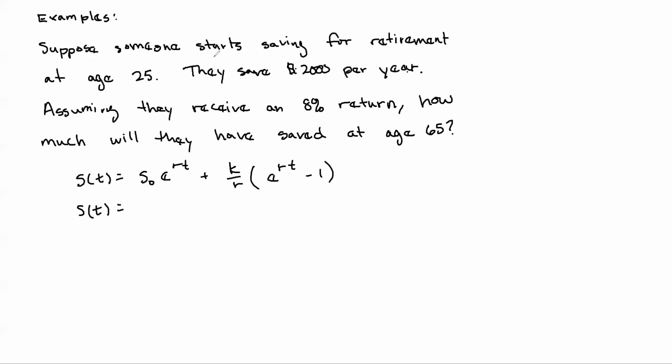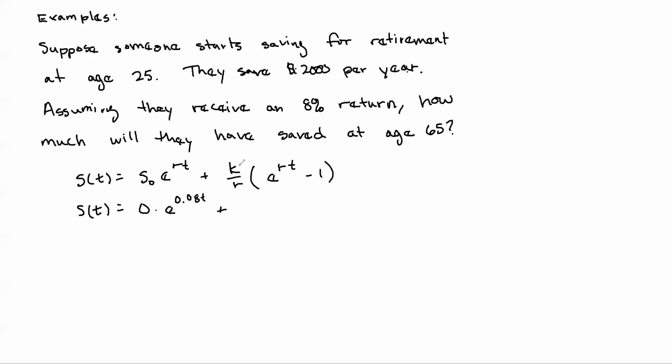There's no information in the problem stating the size of their initial investment, so it's implied that the initial investment is 0. And then r is the interest rate, as a decimal. This part doesn't matter, because this 0 is going to kill it. But we get 0 times e to the 0.08t. And then k over r.